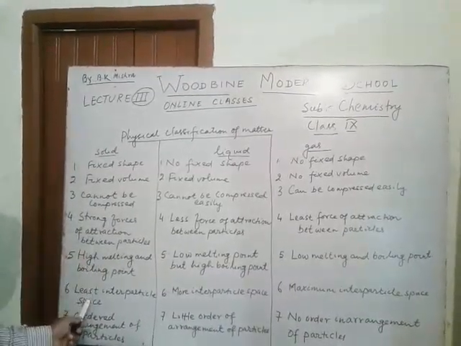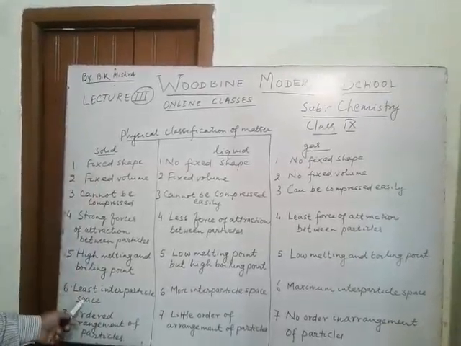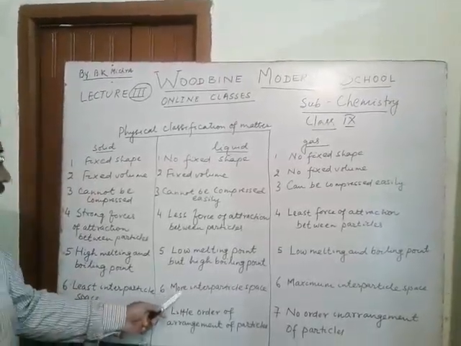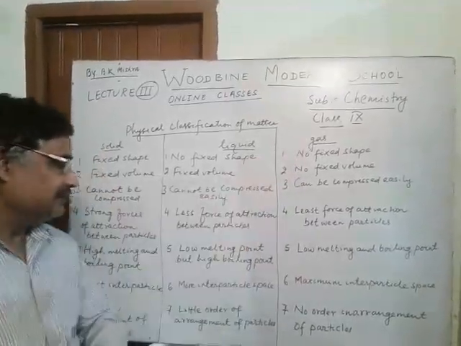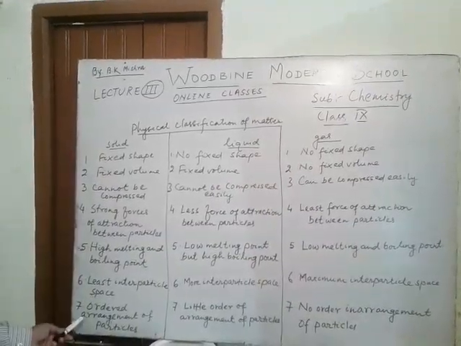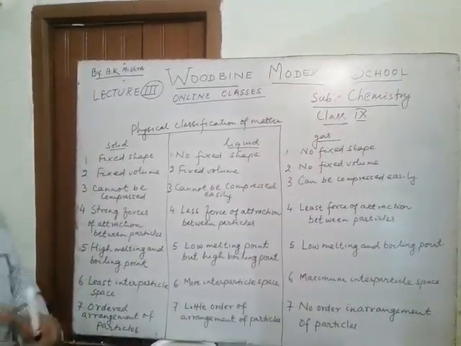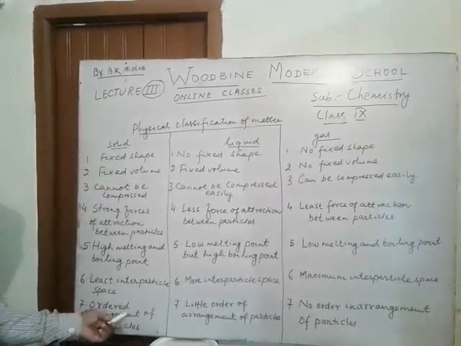Interparticle forces of attraction and interparticle space. Now this is least in the case of solids, more in the case of liquid, and maximum in the case of gaseous state.